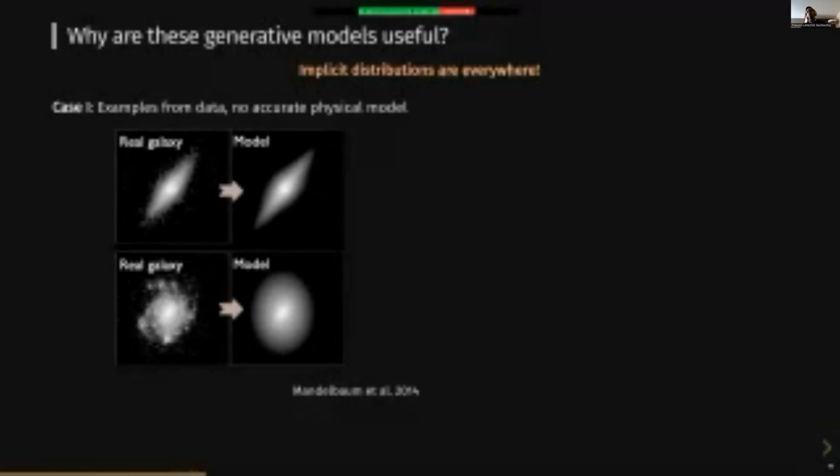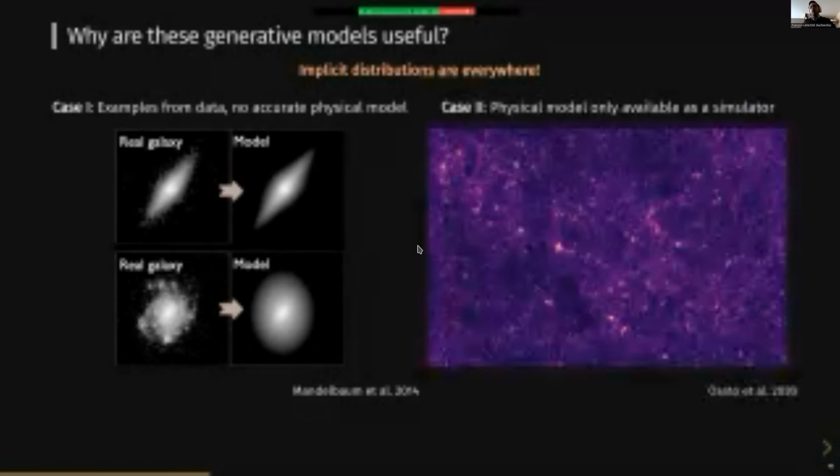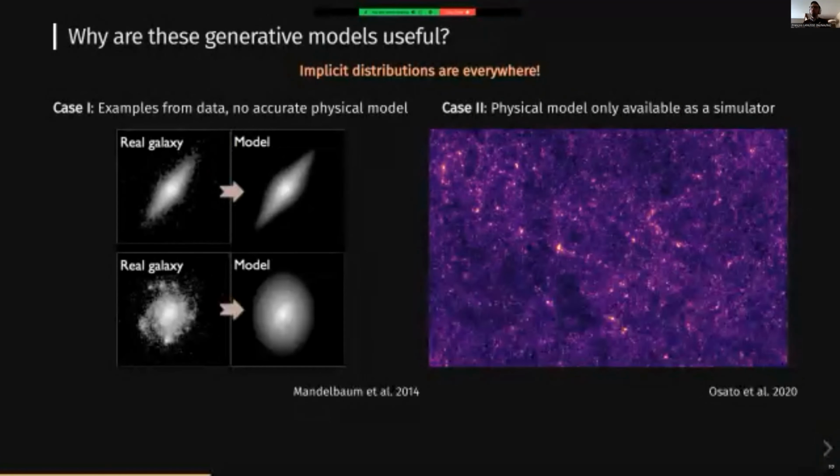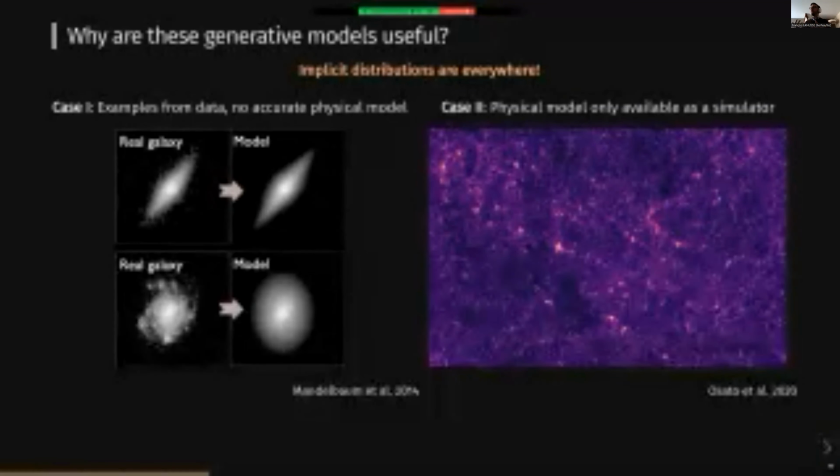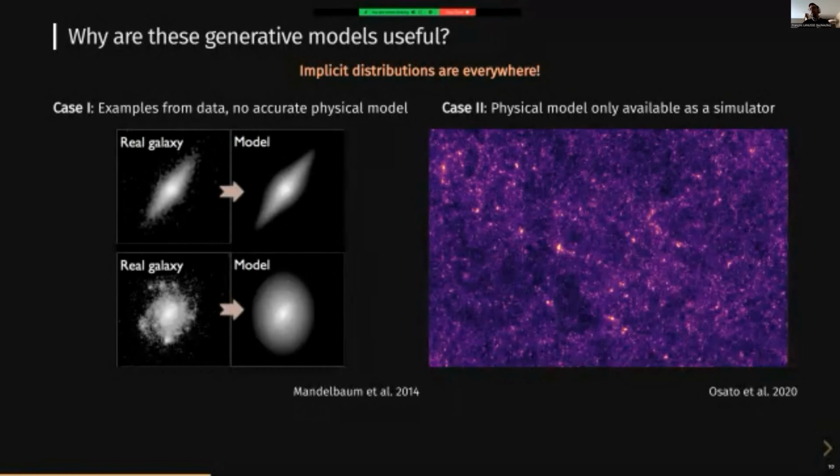And then the second very common example that we're dealing with these days is that when you want to write down a physical model for the data that you are trying to acquire, it becomes very difficult to have an analytic physical model that gives us the full distribution of the data that we want to analyze. On the right, I'm showing you an example of a map of the dark matter distribution that you could see on the sky if you were able to see dark matter, as given to us by a numerical simulator.